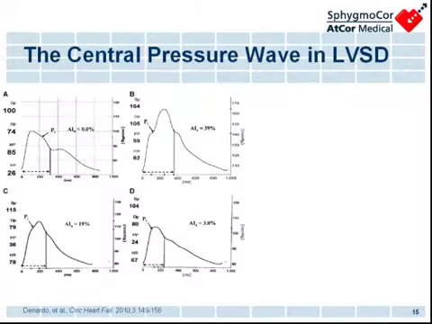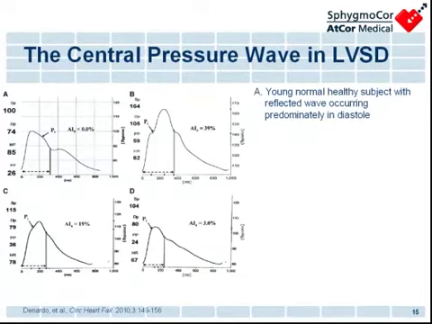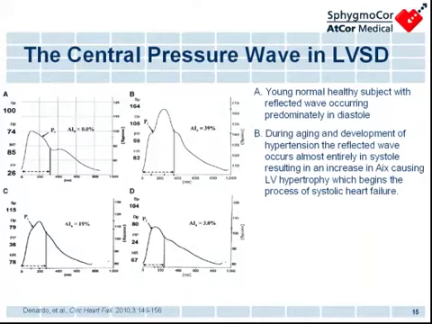So we can see again the natural evolution. We have a person in A, a young, healthy, normal person with a nice, rapid, no augmentation index, no bump that was described. Nice, normal, good diastolic filling, a lot of diastolic time for filling the coronaries, a very healthy waveform. B is somebody who's getting a little bit older. Blood pressure goes up.